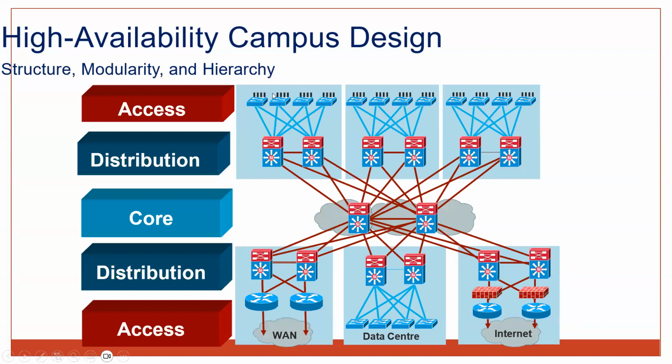Okay, so now you will see the criteria or specification related to the access layer. On the access layer switch, I'm going to connect the devices which are termed endpoints, and which terminate the network, such as IP phones, handheld devices, laptops, PCs, printers, etc. Those devices are connected to the access layer switches.